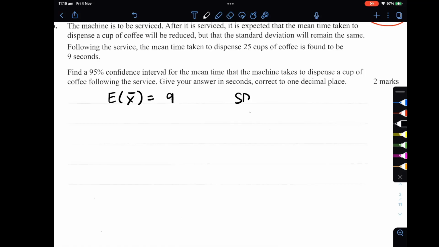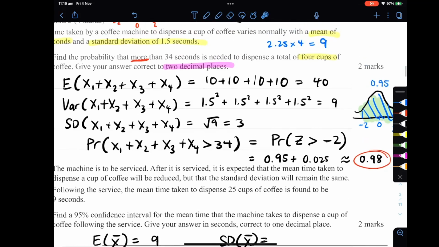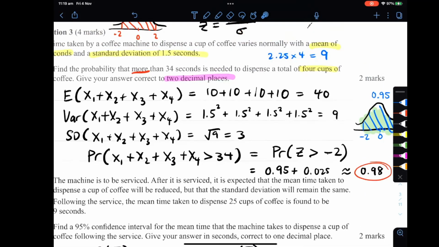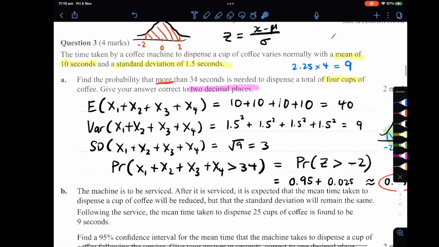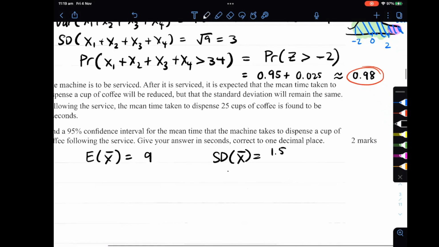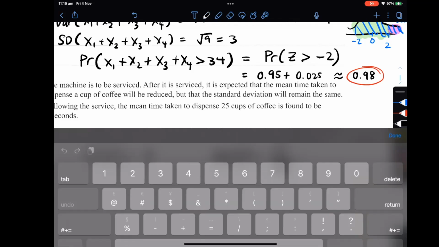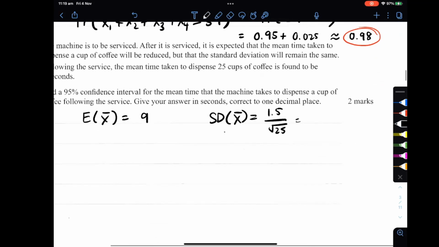The standard deviation will remain the same. So if we want to find the standard deviation of the sample mean, we take the original standard deviation, which is 1.5, over the square root of n, which is 1.5 divided by 5, which you can rewrite as 3 over 10.